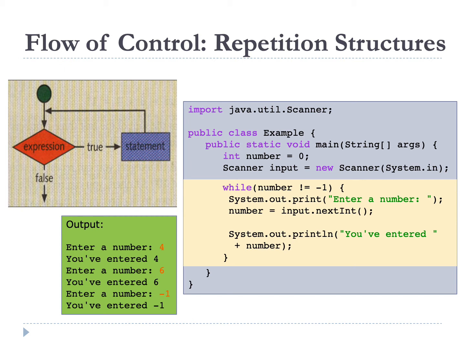When the user entered 4, it will display you have entered 4. Then it will ask again, enter a number. If the user entered 6, it will display you have entered 6. It will ask again, enter a number. The user entered -1 and it displays the value and ends the program because the condition within the while has now become false because number is equal to -1.